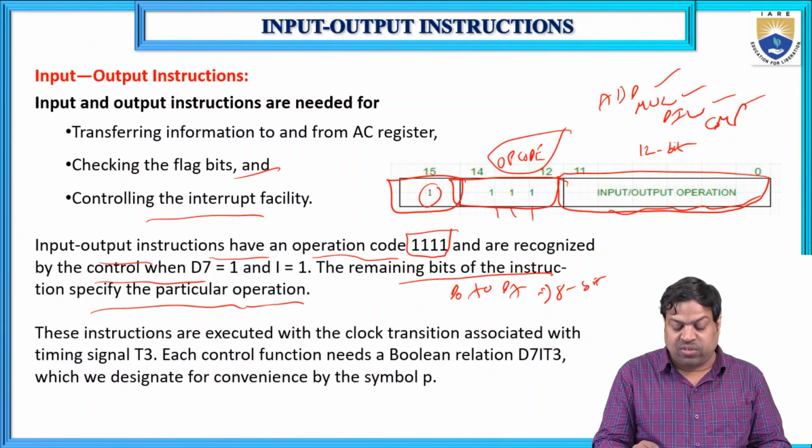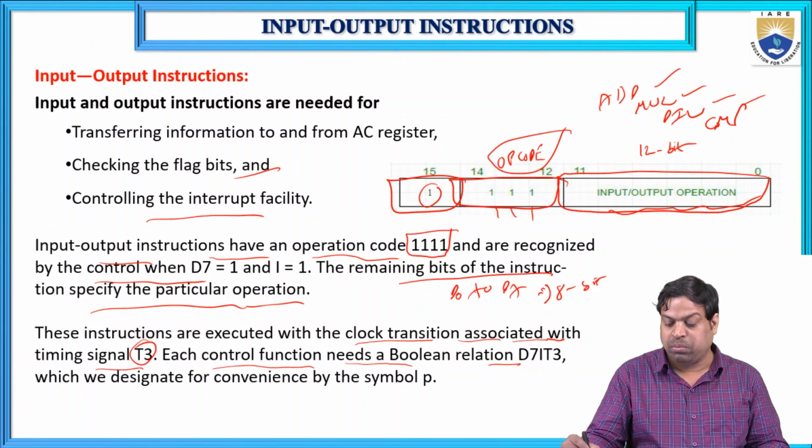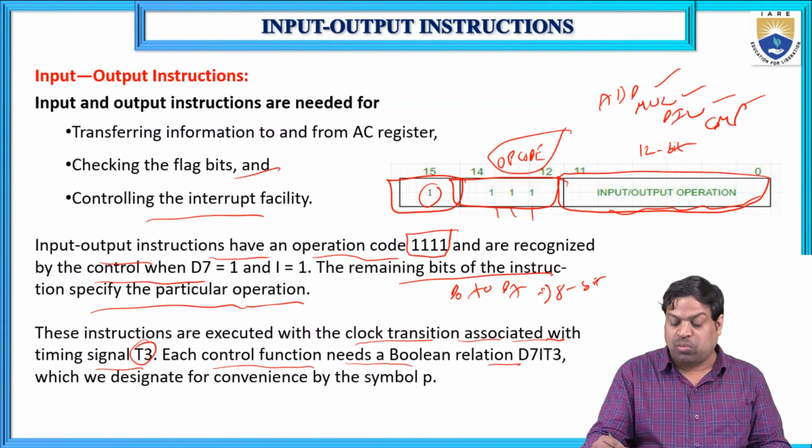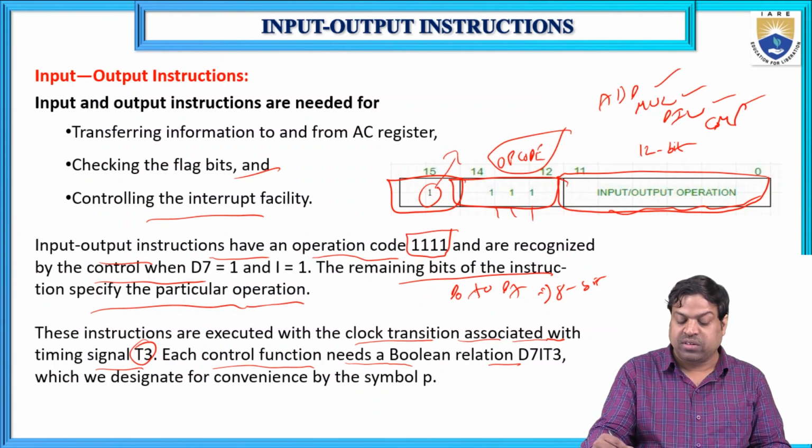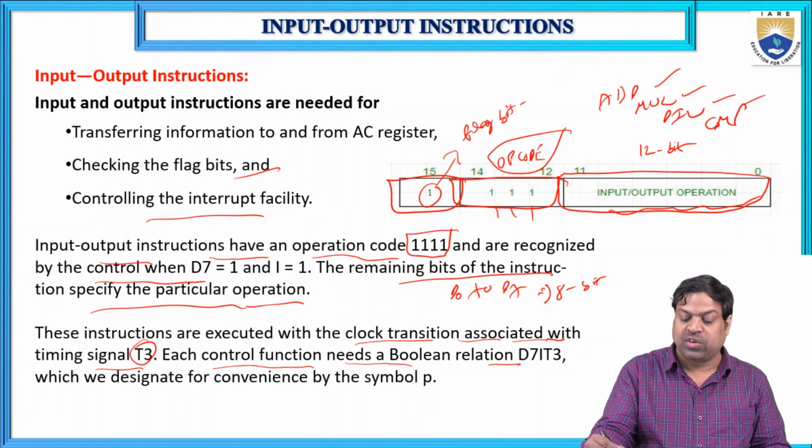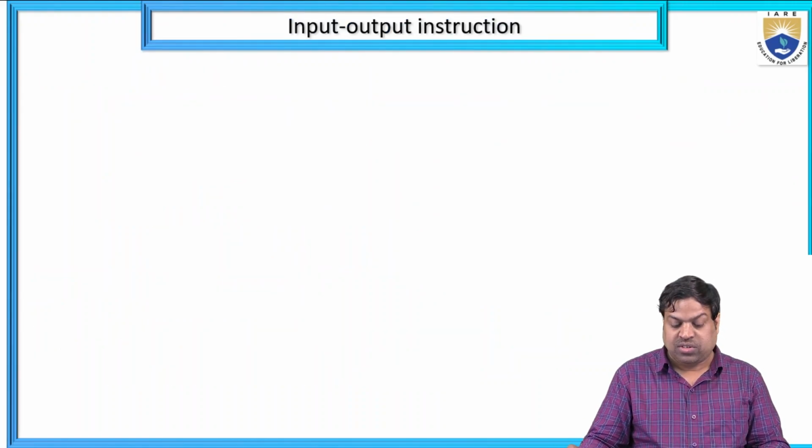These instructions are executed with a clock transition associated with timing signal T3. Each control function needs a Boolean relation D7 T3, which we designate for convenience by the symbol P. So any opcode will depend on your flag bit, flag equal to 1 or 0.